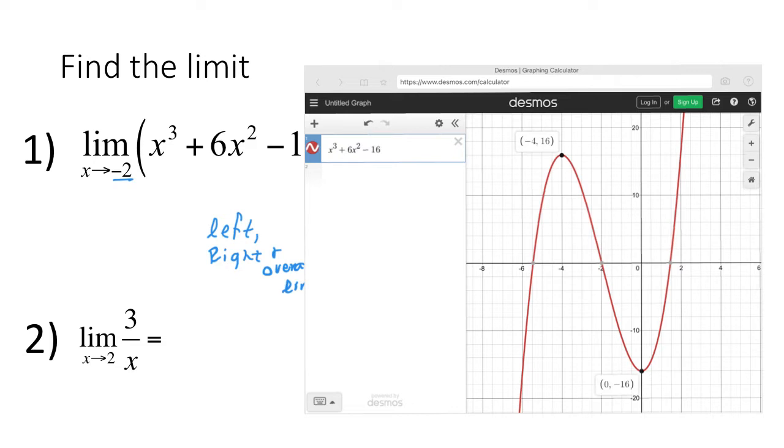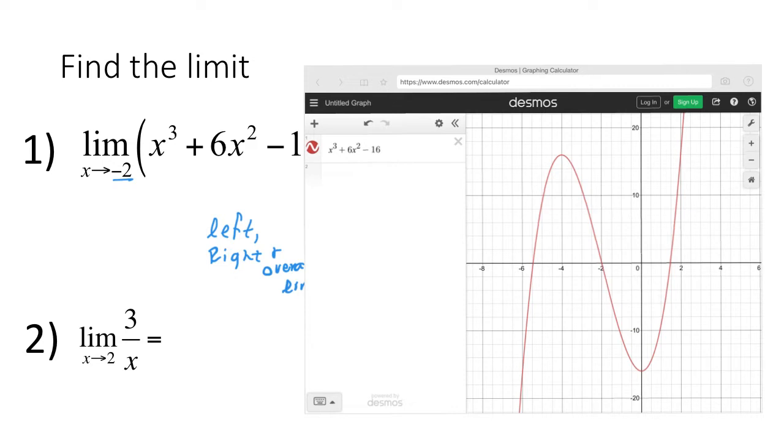And then as I start on the right side of -2 and I approach from the right, I'm approaching a y value of 0. So again, just to illustrate that on the graph, as I approach from the left side, the function's going down to 0. The right side, the function's going up to 0.